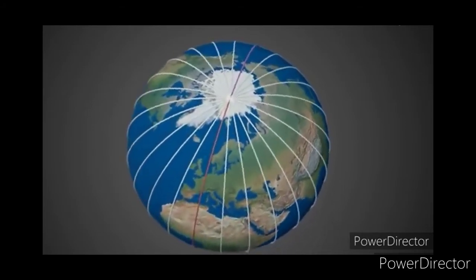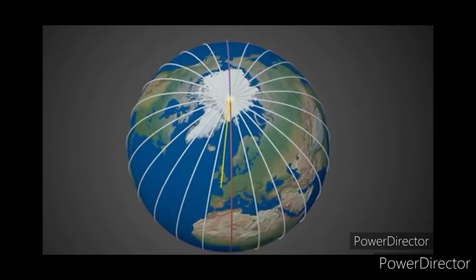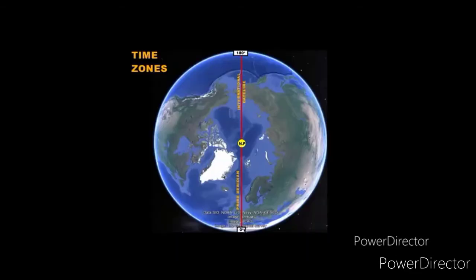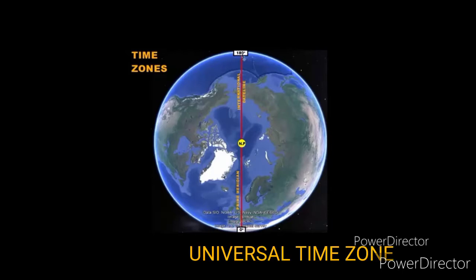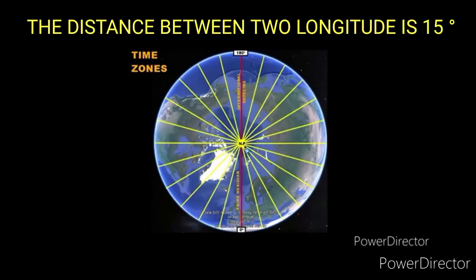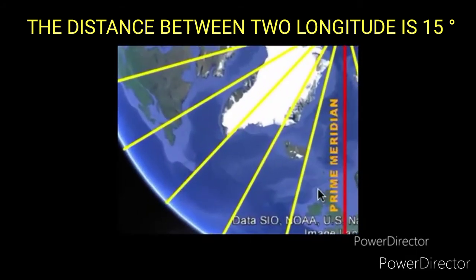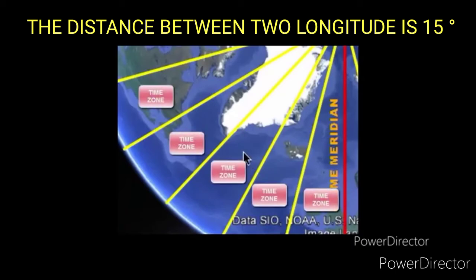The Earth is divided into 24 time zones. The time at 0° longitude, called the prime meridian line, is also called Greenwich Mean Time. It is also called the universal time zone. All longitude lines define the time zone. Each time zone is at a distance of 15° longitude.